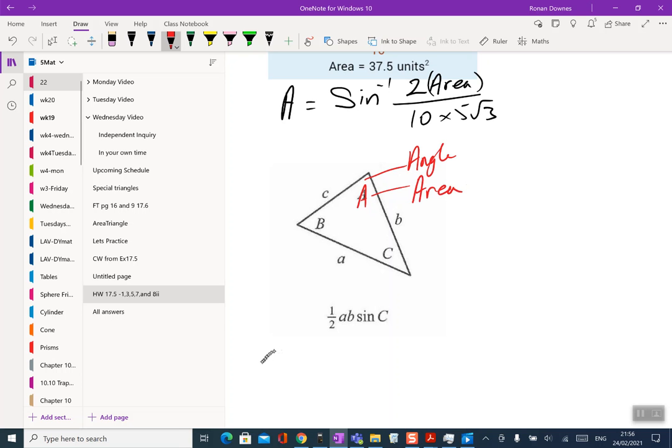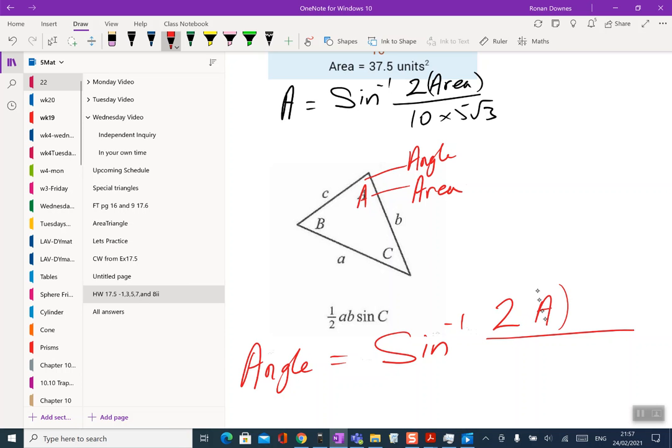So what I'm saying is that the angle after the analysis is equal to the inverse sine of double the area, and you can see now which angle am I getting. Well, this is where the fun really starts.